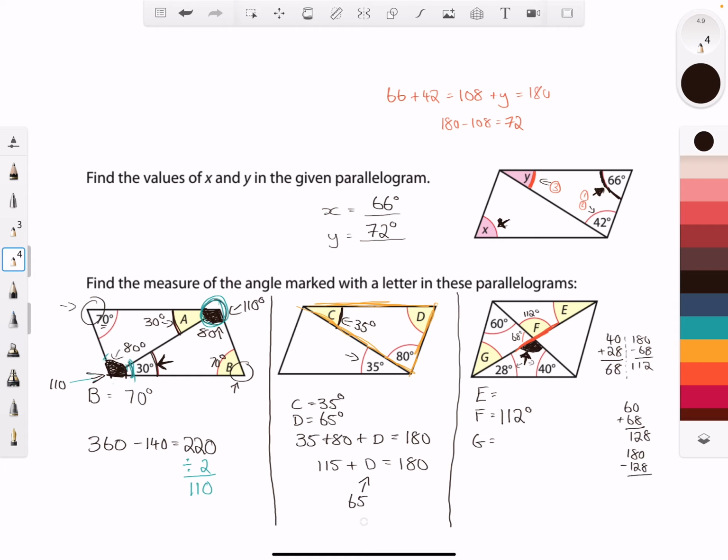It is 52. So G must be 52. And this angle is equal to this angle. So we figured out that G is 52 degrees and G is equal to E, so E must also be 52 degrees.